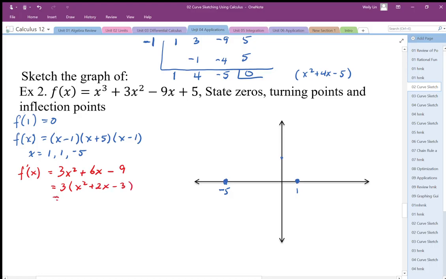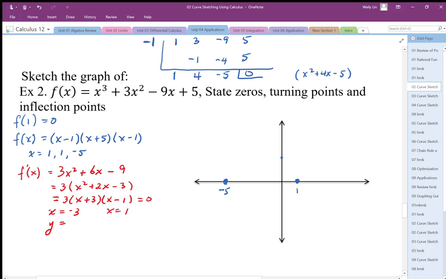So that factors into x plus 3, x minus 1. Okay, so we know that the derivative is equal to 0 at x equals negative 3 and x equals positive 1. Let's find our y-coordinate while we're here.